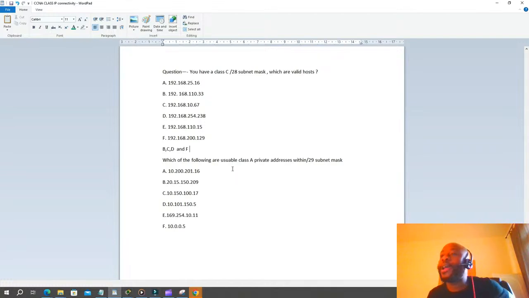So which of the following are usable class A private IP address within subnet mask? Again, for this, there is private IP address 10.0.0.0. This is class A private IP address.